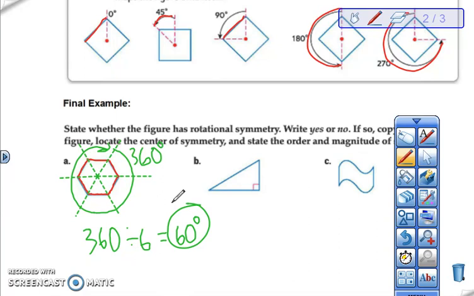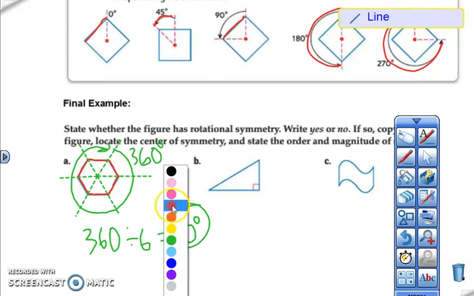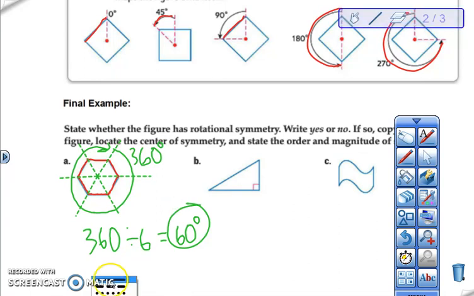All right, so if we do the same thing with the triangle, see if we can get a rotation here as well. Let's just do it with the pen.